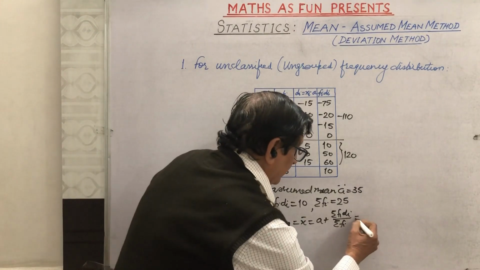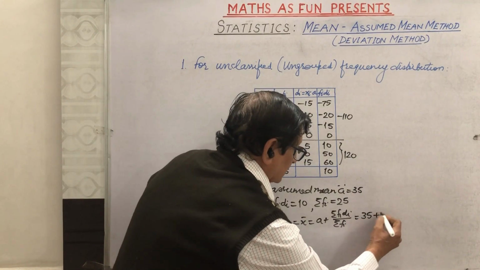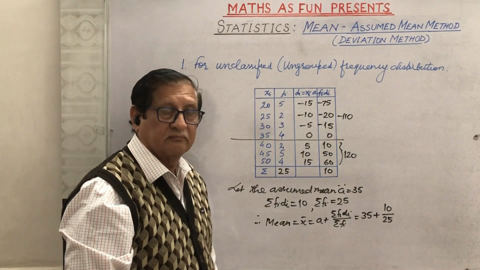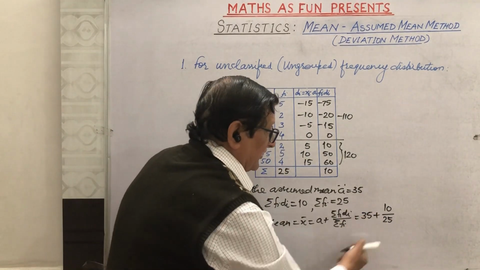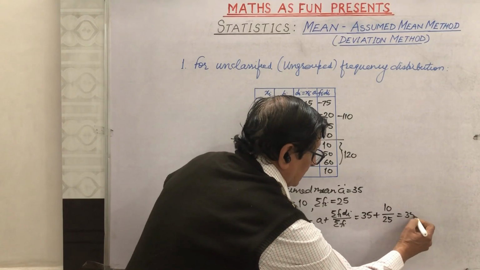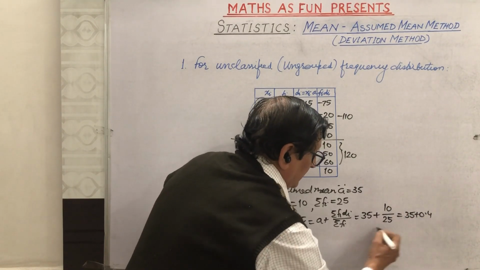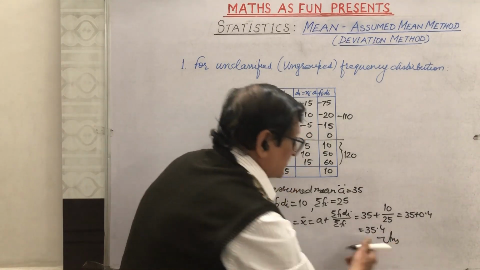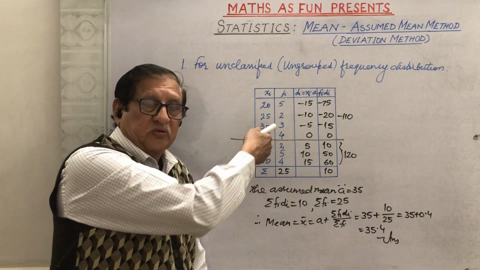Substituting the values, we get here 35 plus 10 upon 25. We know 10 upon 25 is 0.4, so this is 35 plus 0.4, which gives us the answer as 35.4. So this is the mean of the distribution given to us.